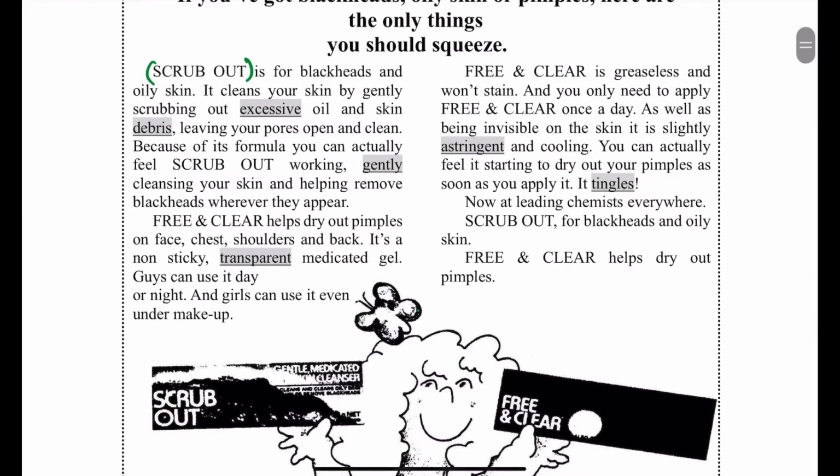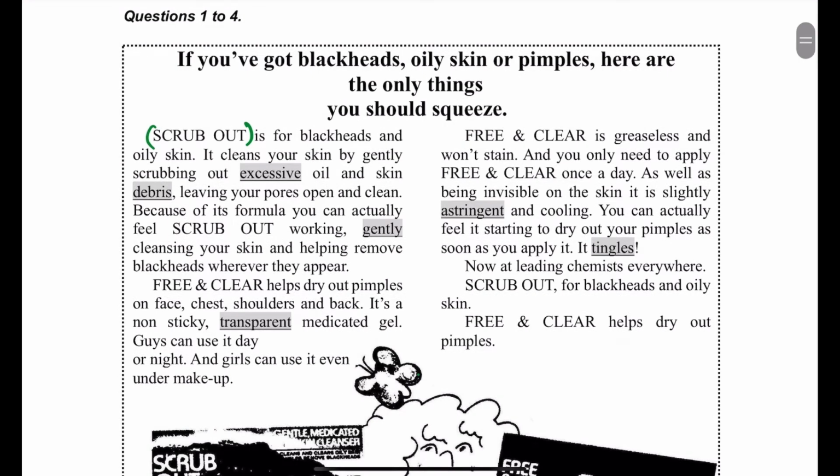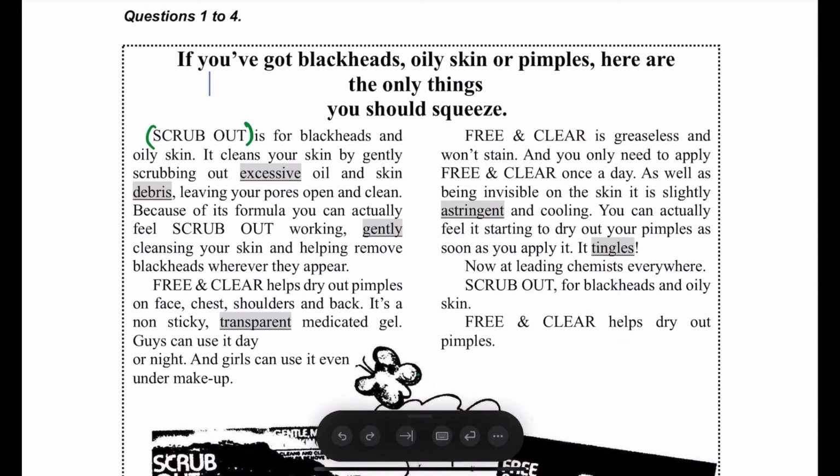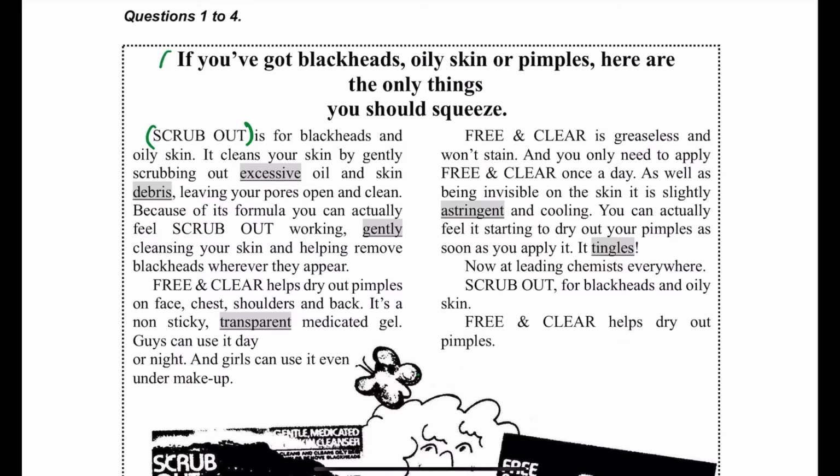So if we actually take a look at the extract, at least if we try and find out the target audience, we have over here at the top in the big bold black text, if you've got blackheads, oily skin, or pimples, here are the only things you should squeeze. So people with blackheads, oily skin, or pimples, okay? So that's the target audience.